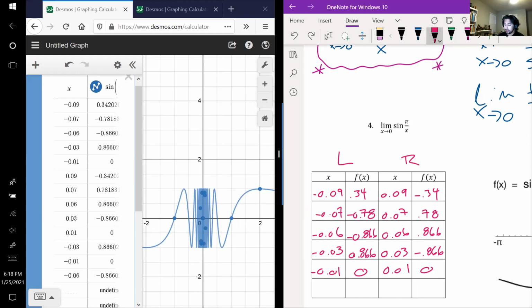Because by the numbers, it looks like we're going to hit what? 0. But can we hit 0? No, because that says pi over x, and if x is in the denominator, what number can x never be? 0. So therefore, can this point actually be defined?